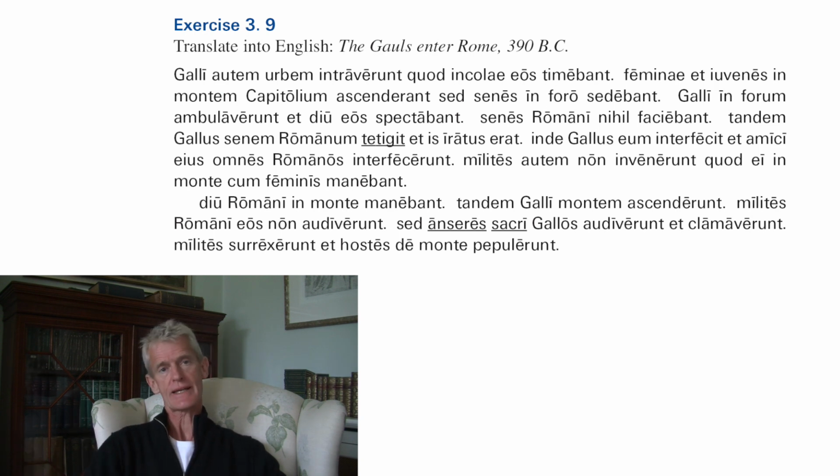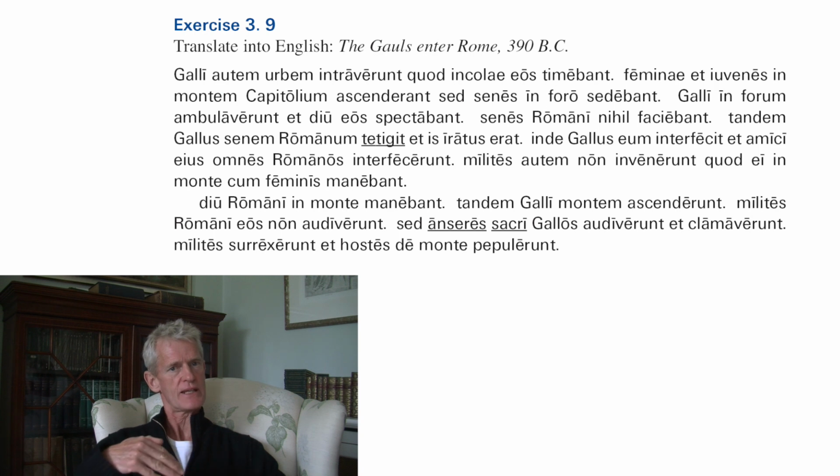Now, who did he kill? We've got eum from is ea id, so then the Gaul killed him. Et amici eius omnes Romanos interfecerunt. And now, go to the next verb, interfecerunt. Okay, they, or a noun in the nominative plural. Back we come, and we've got amici.